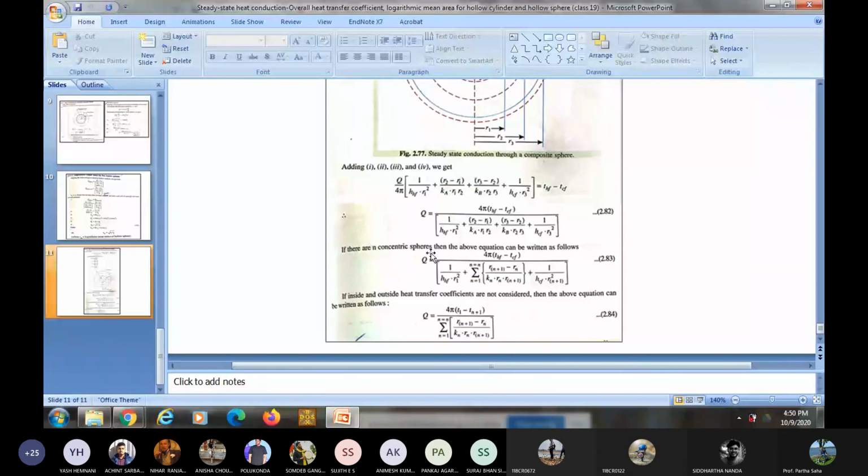The most important thing is this expression. If you look into it, you can solve the problem, because here we have 3 layers. I hope you understood this.